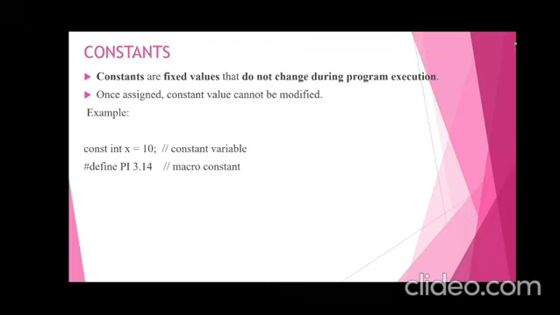For example, in the statement const int x = 10, the variable x is declared as a constant, so its value cannot be changed later. Similarly, #define PI 3.14 is a macro constant where the value of PI is defined and used throughout the program. This makes the code more readable and easier to maintain by avoiding repeated use of fixed values.